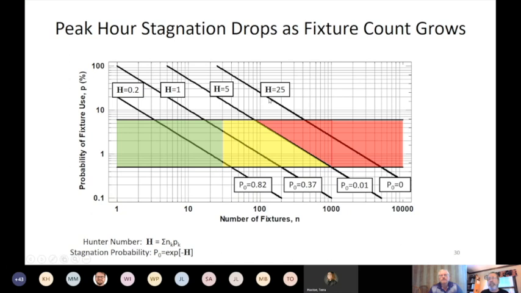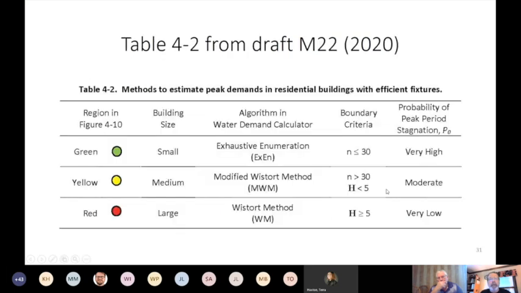And remember, that physically represents the number of busy fixtures that we have. And then down at the bottom, we've got probabilities of stagnation. So in small buildings, even during the peak period, we can have relatively high stagnation probabilities during peak hours. But when we get to the red zone, we've got high Hunter numbers, and almost no stagnation ever occurs during the peak period. So what we find is we've got 3 different building sizes.